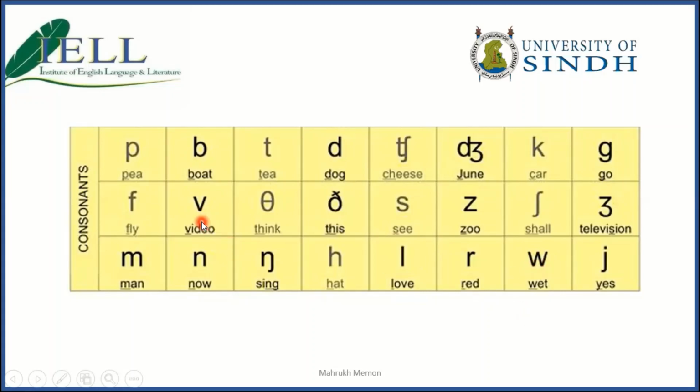V is with a little bit rounded mouth. When we pronounce V, we make our lips a little bit rounded. But for example, when we say when, our lips are not rounded, they are flat.